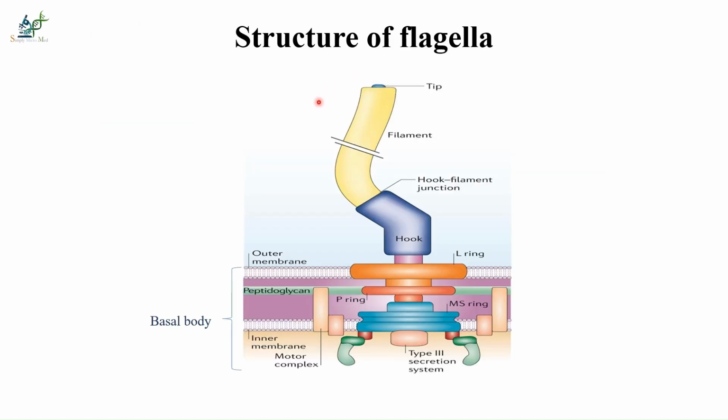This is the structure of the flagella, which is divided into the basal body, hook, and filament. This is the basal body, where we can see the L, P, M, and S rings. The L ring is seen in the outer membrane area, and the P ring is seen in the peptidoglycan region of the bacteria.